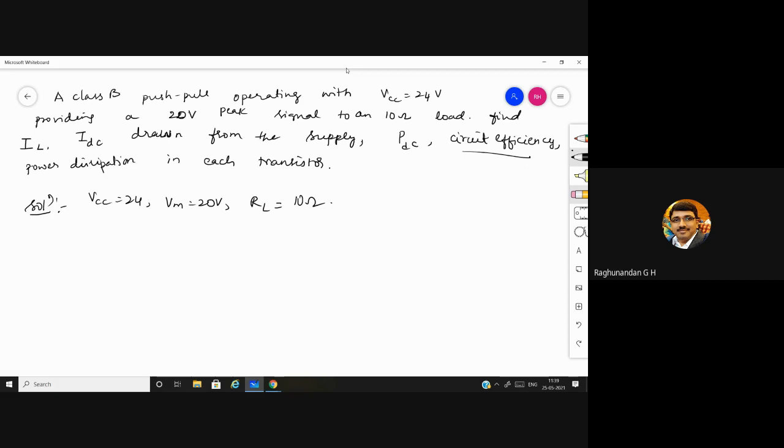Load current means the peak signal you are getting, that itself will be the load current, because the output is a sinusoidal wave, or we have assumed so. So obviously if you find the peak current, that will give you the actual load current. So first we will find Im. So Im is equal to Vm by RL. So what is the answer?